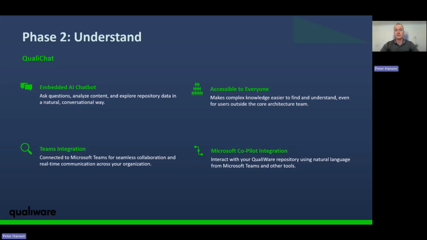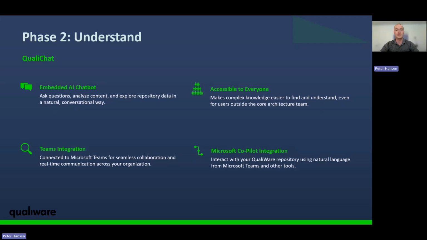We want to have this chat solution in QualiWare because we want to make QualiWare more accessible to anybody and not just the enterprise architects who maybe sit in QualiWare daily, but also anybody else who may benefit from the data in QualiWare.